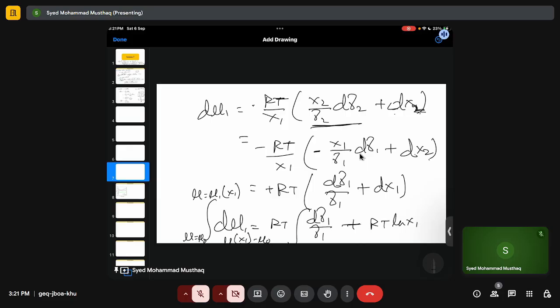The only thing that is going to change is this guy. How my activity coefficient is going to change. So for example, if my x1 is 0, what will be my activity coefficient? Activity coefficient will be 0, right? That's it. This is a very important equation for Gibbs, for doing any type of phase quantification or anything you are trying to do.